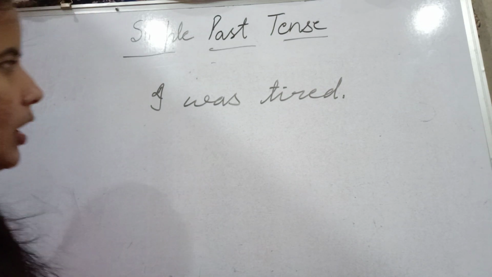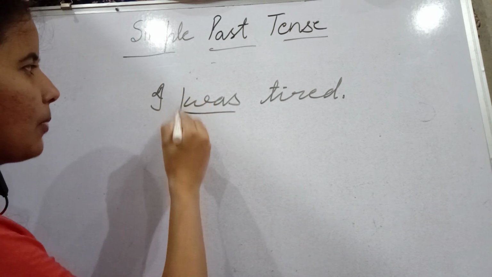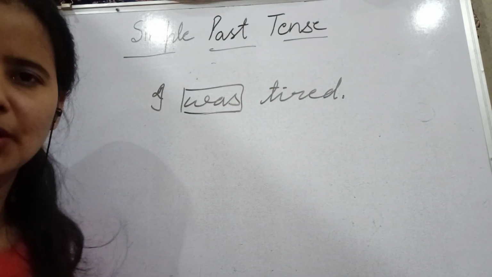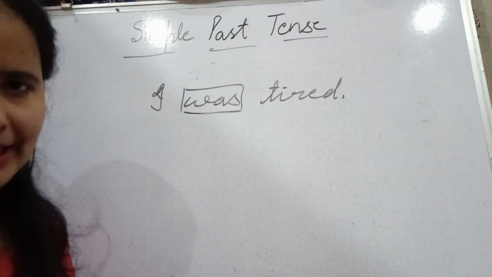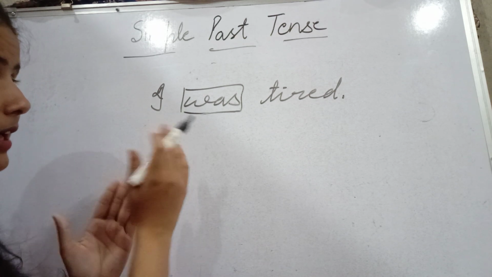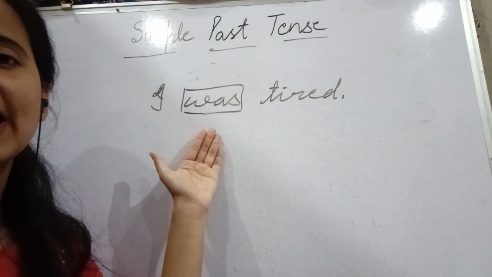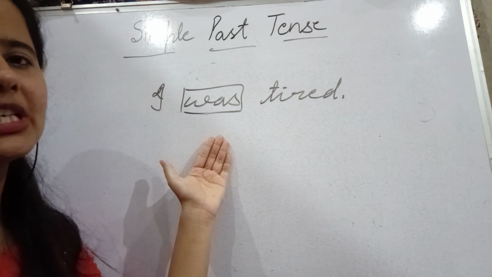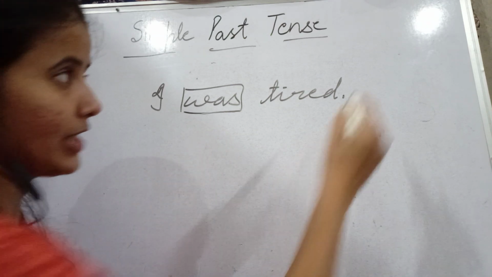Just look at it, beta. This is the helping verb of the present continuous tense, but it has not been used here as a helping verb. It has been used here as a main verb, and that is called be form.